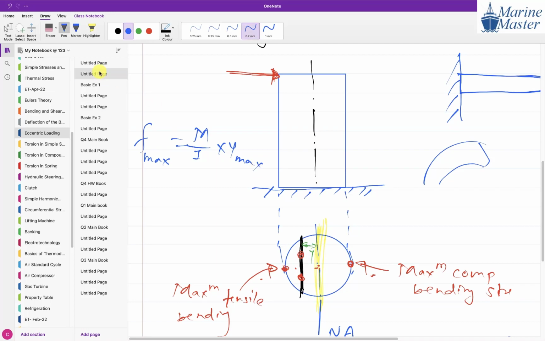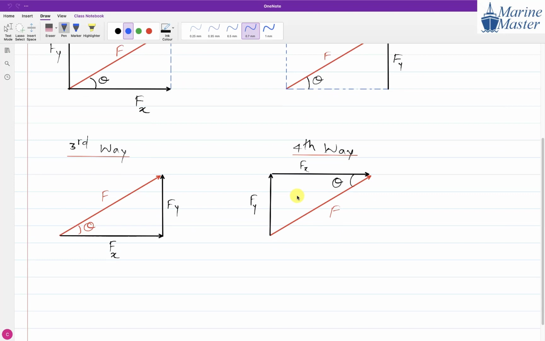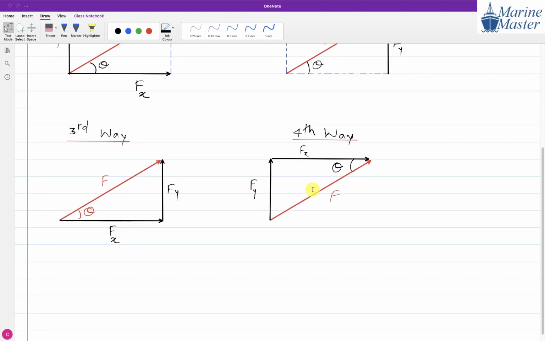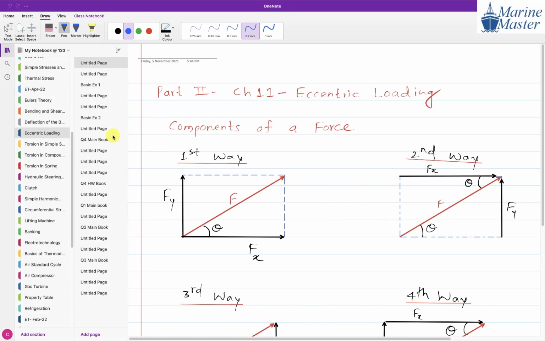And one more extra thing, from the basic theory video: components of a force. Other than that, we don't need anything. Everything here is logic based. You can't memorize anything in this chapter, and every time you may get new questions.